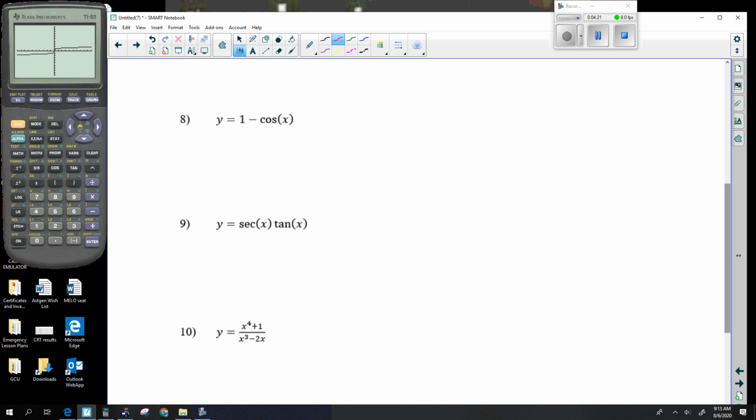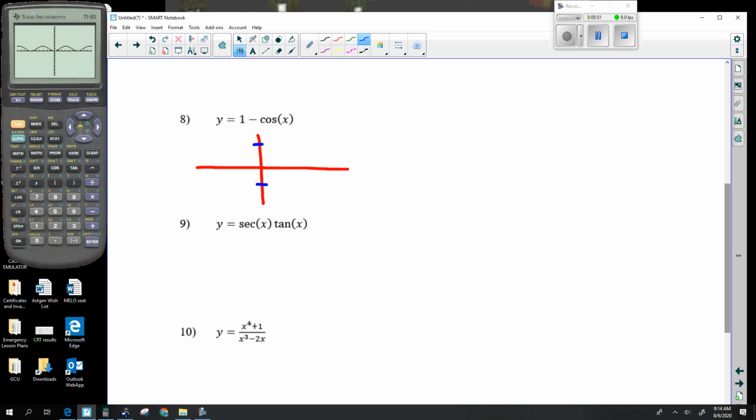1 minus cosine. Okay, now you're getting out of my element as far as knowing if it's even or odd. So here is one that I'm going to pretty much be graphing. So 1 minus cosine. No, that's fine. I'm sorry, because thinking of graphing, usually things go from -1 to 1.